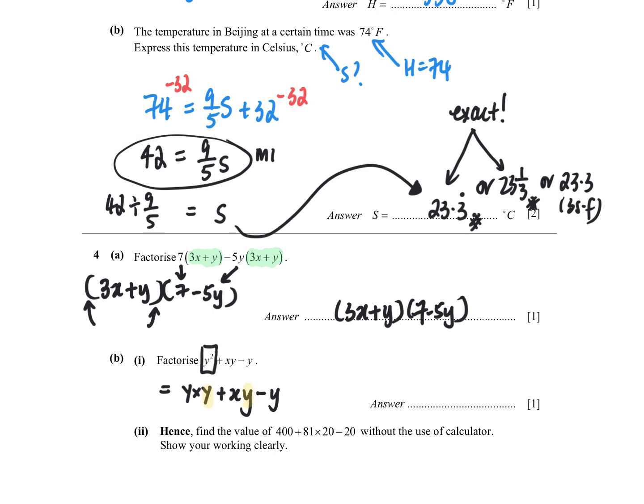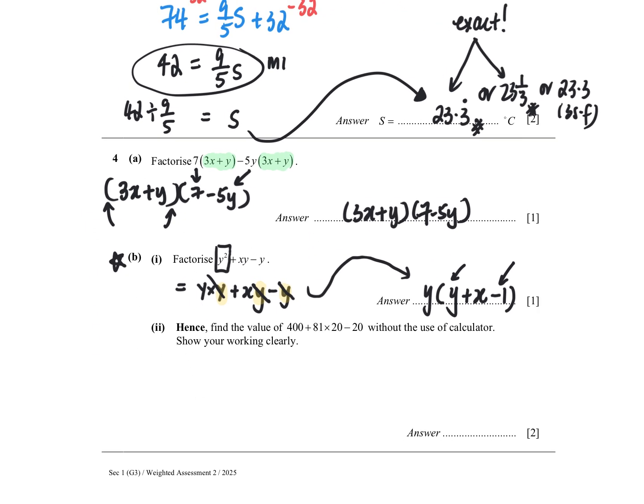Every term, take out the y. So if you take out y, left 1y here. Take out the y, left x. Then another trick is this one. You take out the y, it doesn't become 0. It becomes minus 1. So some of you either miss out on the y or miss out on the minus 1. So this is the slightly trickier problem.